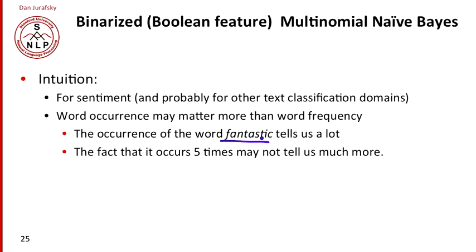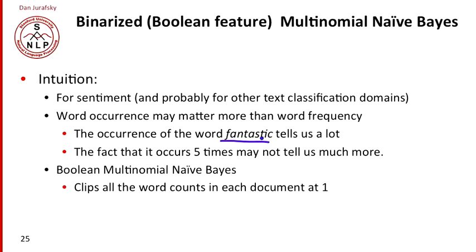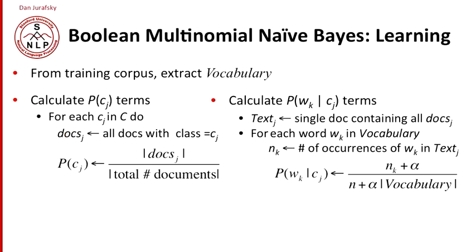So in Boolean multinomial naive Bayes, we simply clip all the word counts in each document at a count of 1. So instead of using the full term frequency, we'll just use a count of 1 for each document. So if we look at our original learning algorithm for multinomial naive Bayes, remember, we extract our vocabulary, and now we're going to calculate our priors.